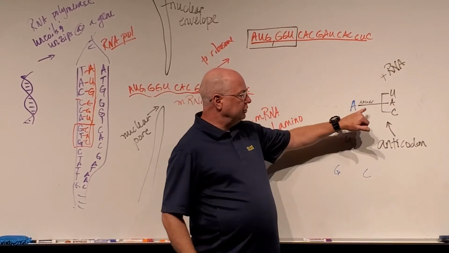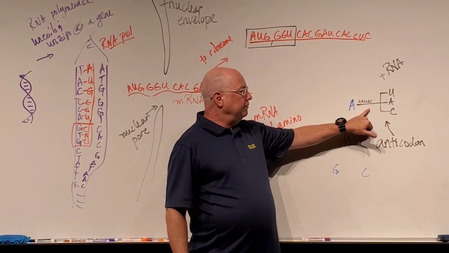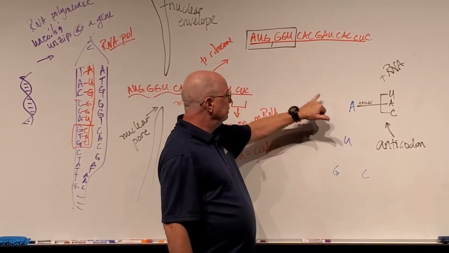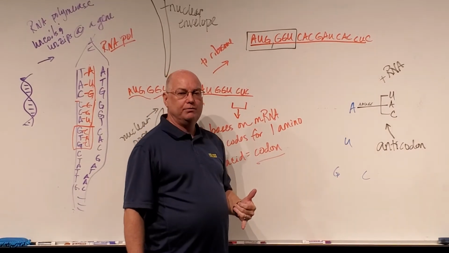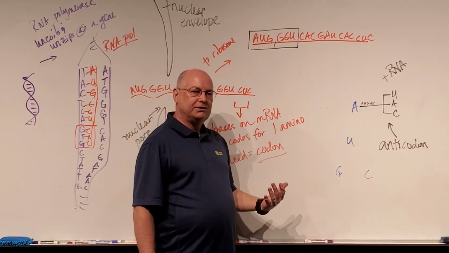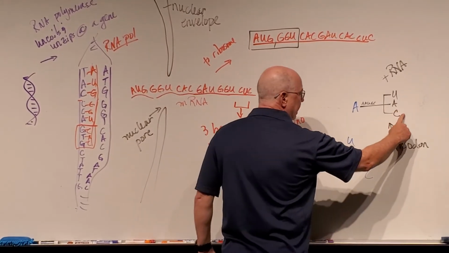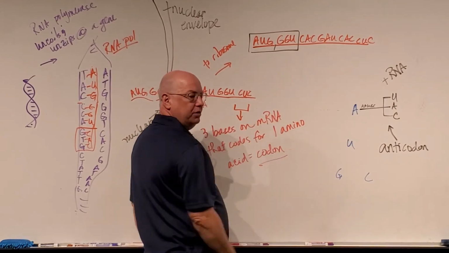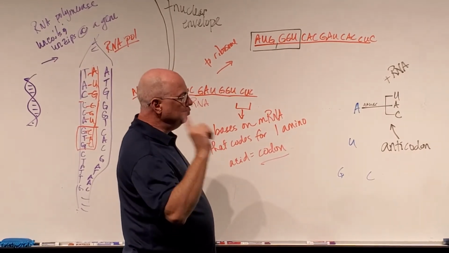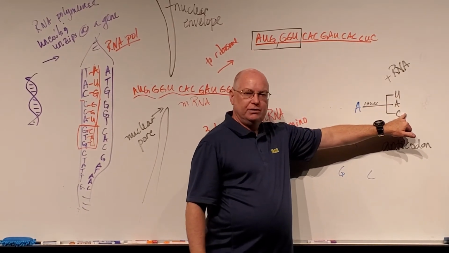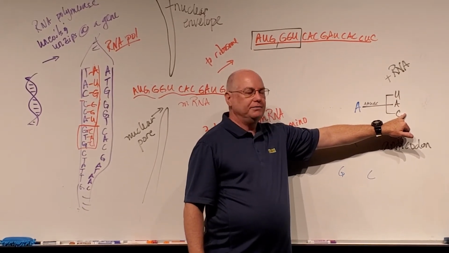This molecule is called tRNA because it's going to transfer this amino acid to the ribosome when the ribosome needs it. How the ribosome knows which amino acid to put there is because this anticodon is going to match exactly with this codon. So there's only one tRNA that's going to have these 3 bases sticking out.